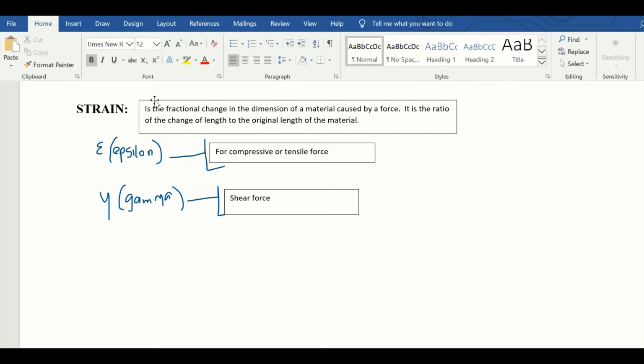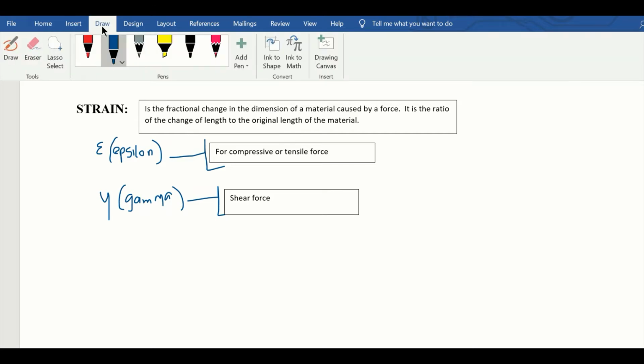Now, as I was saying earlier, strain is the ratio of the change in length to the original length. Please note that the change in length is the extension, and we use x to represent that.